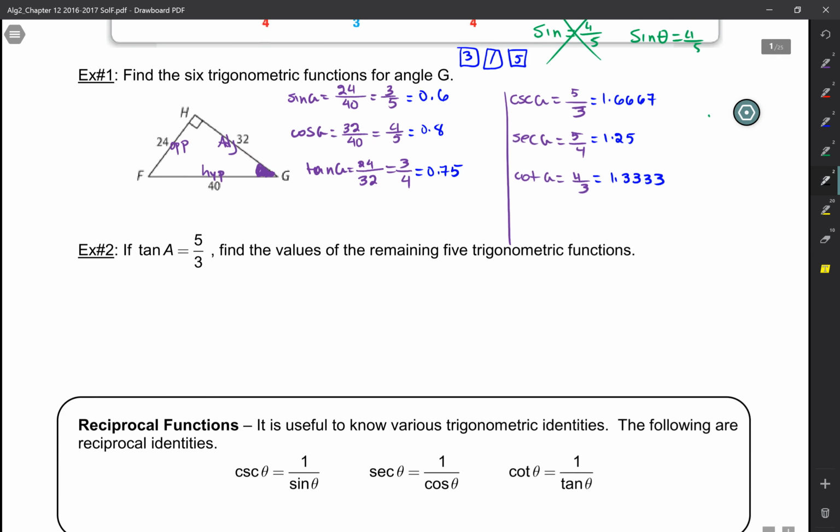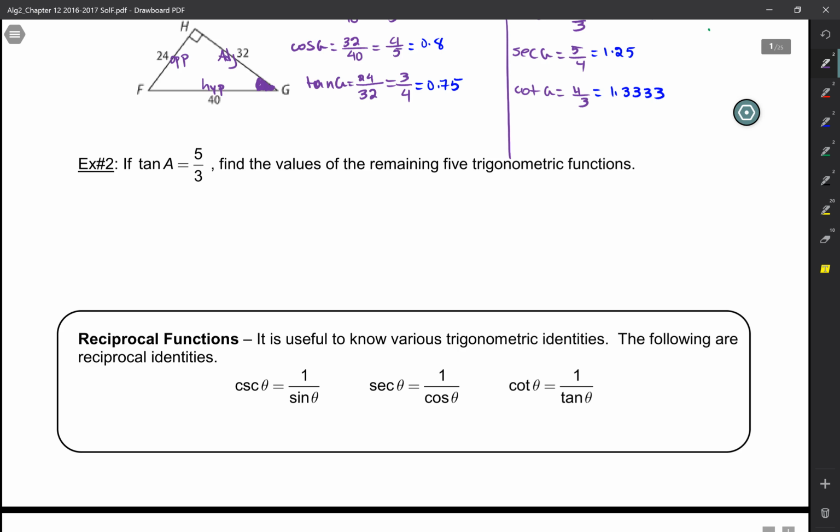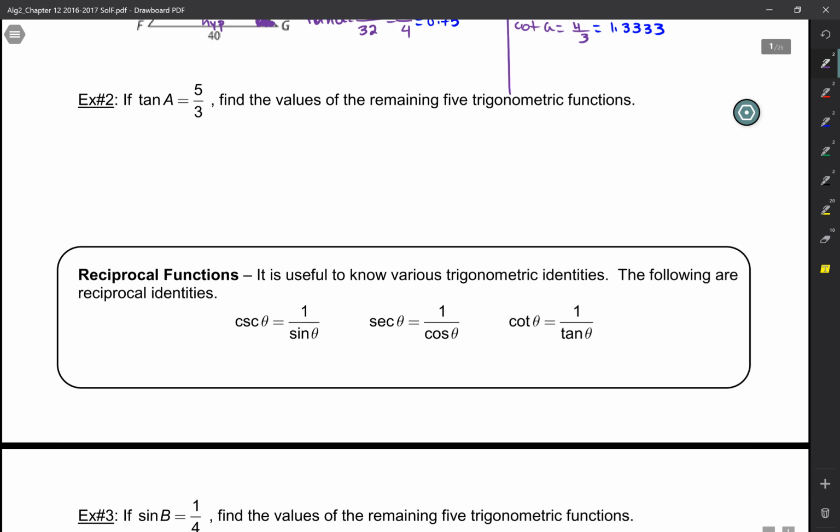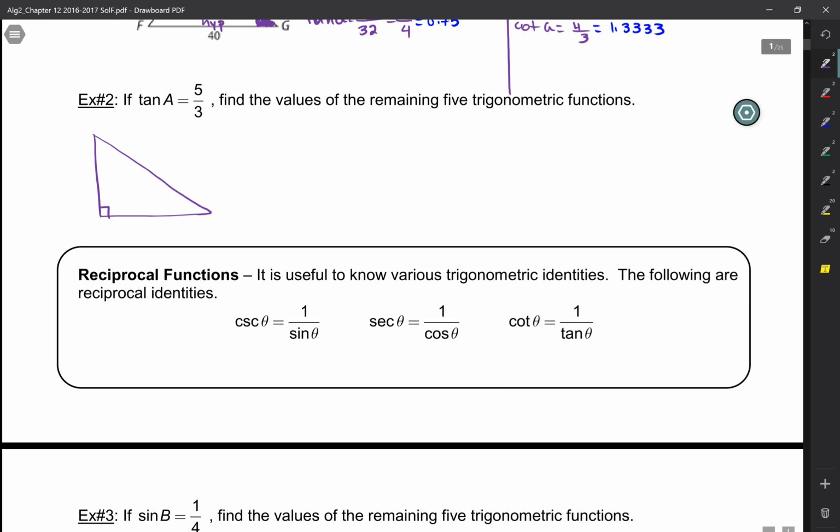For this one, it says tangent of A is 5 over 3. But we're not given a triangle or anything else. So we're going to draw our own triangle, a right triangle. And I'm going to pick one of the acute angles to label as A. I just randomly picked that one. Now, tangent is what ratio? What over what?